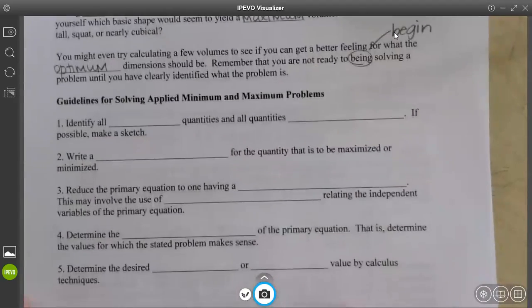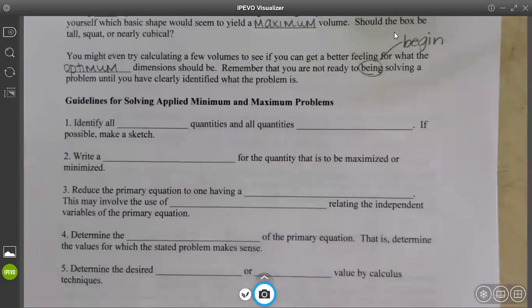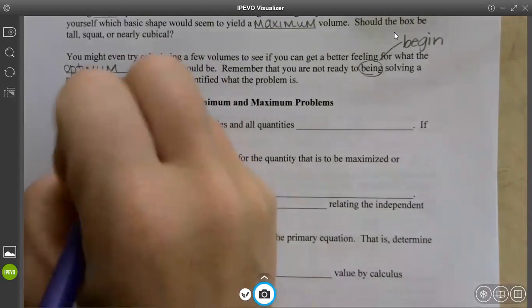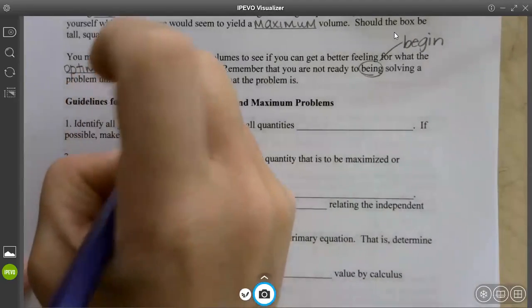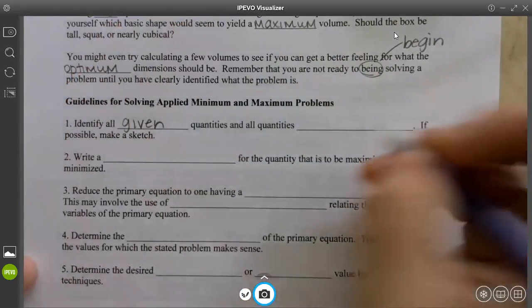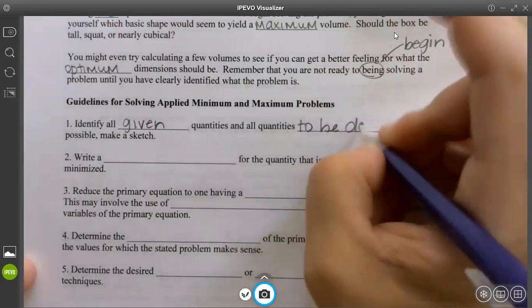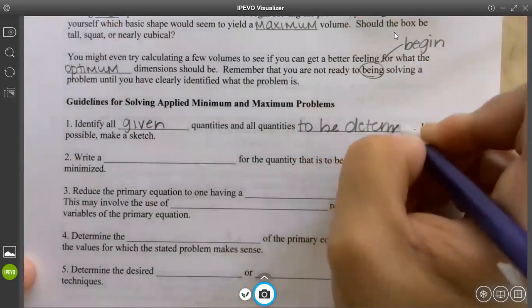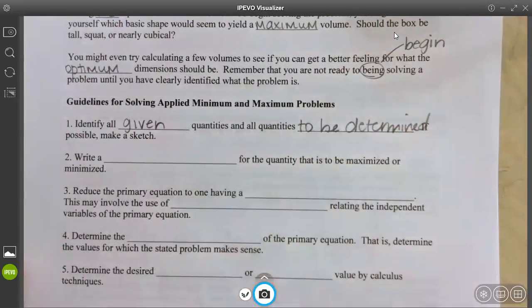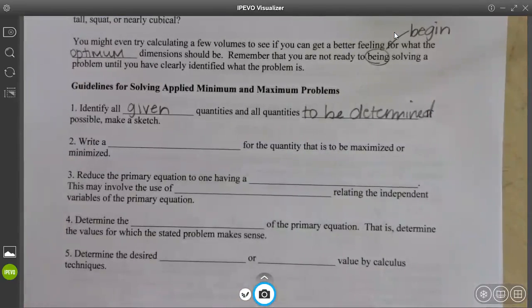All right. Guidelines for solving applied minimum and maximum problems. The first thing, identify all given quantities and all quantities to be determined. If possible, make a sketch. You guys already had a sketch on the last one.